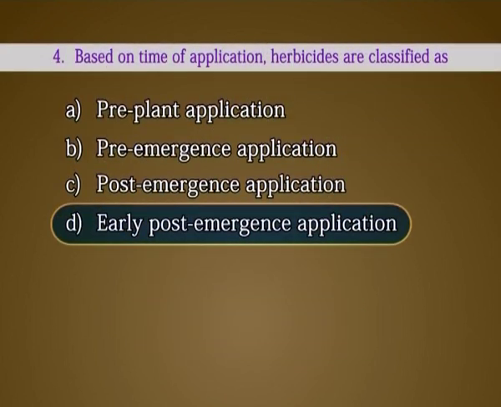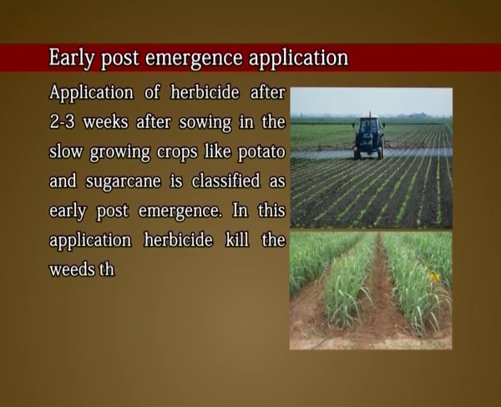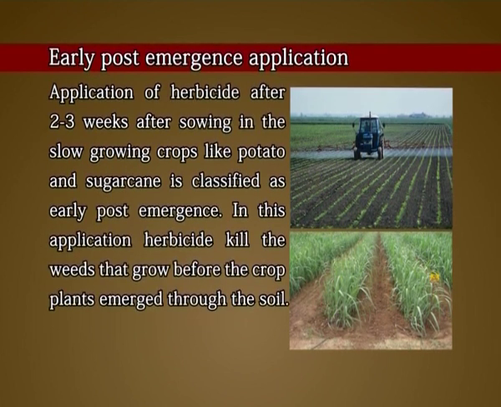Number D, early post-emergence application. Application of herbicide 2 or 3 weeks after sowing in slow-growing crops like potato and sugarcane is classified as early post-emergence. In this application, herbicides kill the weeds that grow before the crop plants emerge through the soil.